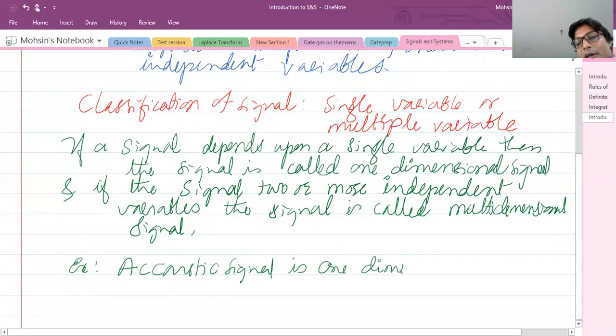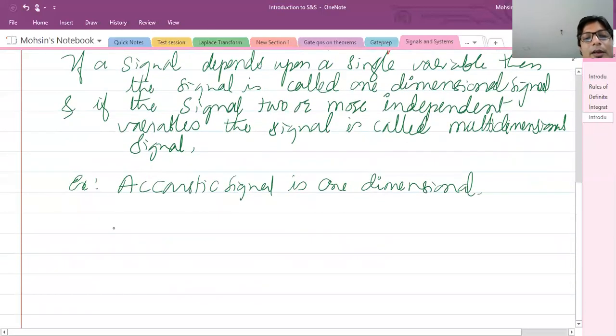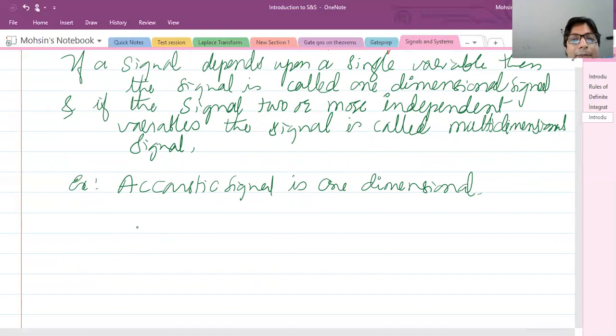And take an image, a photograph that you click from your mobile phone. If you observe that photograph, it has two axes, one horizontal and another vertical. That gives the breadth and depth of the signal.